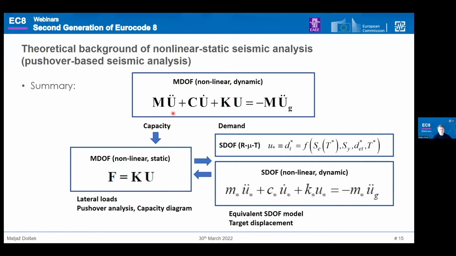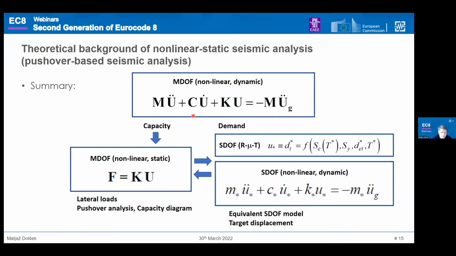So just to summarize this theoretical background, in the general case we have the equation of motion in matrix form, n-dimensional. The good thing is that this equation simultaneously accounts for the interaction between demand and capacity. But in the pushover-based method, we decompose the capacity and demand in two parts.